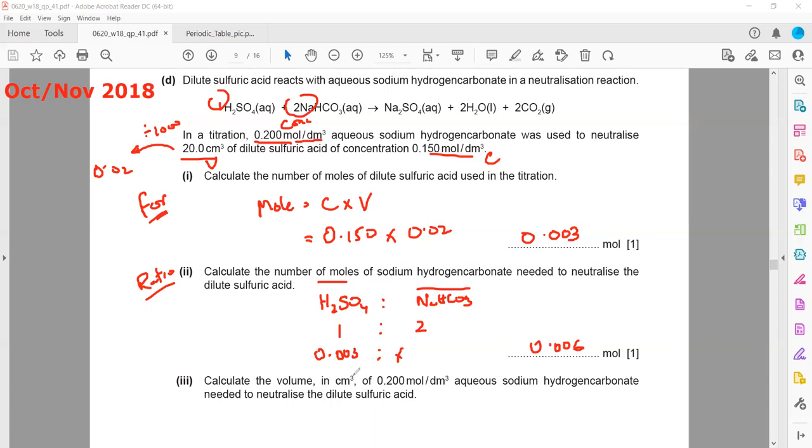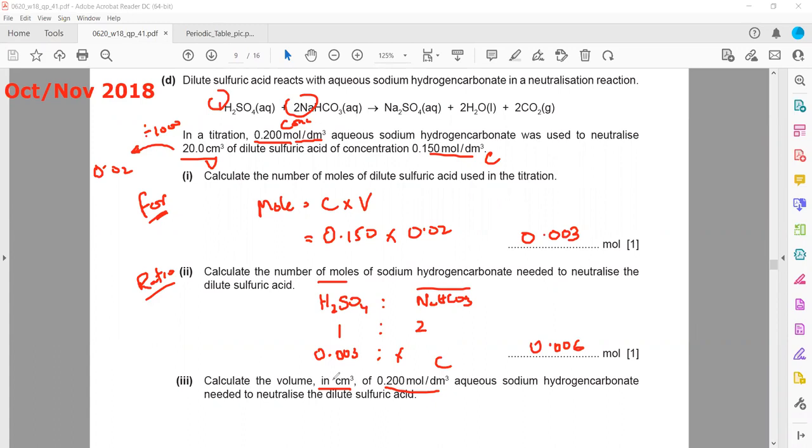The next one: calculate the volume in cm cube of 0.2 mole per dm cube concentration which is needed to neutralize the dilute sulfuric acid. We have the moles and we have the concentration.